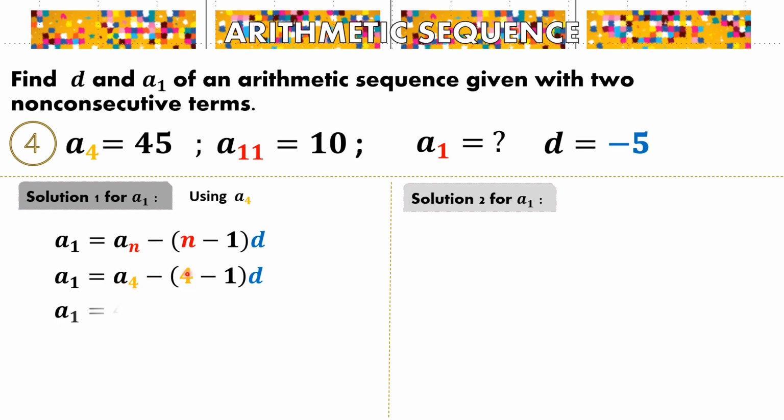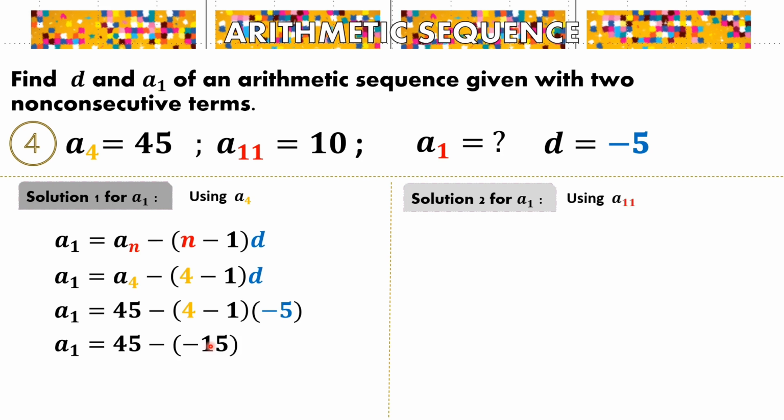And then a sub 4 is 45 minus 4 minus 1, quantity times negative 5. So 4 minus 1 is 3 times negative 5 is negative 15. And then negative 15 times negative is positive 15. So we have a sub 1 is 60.